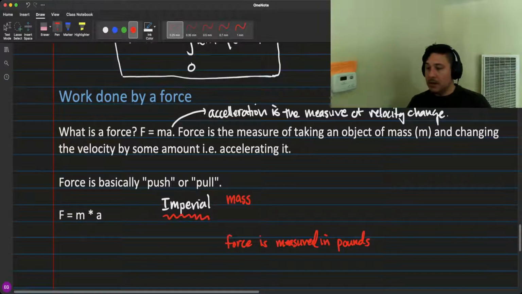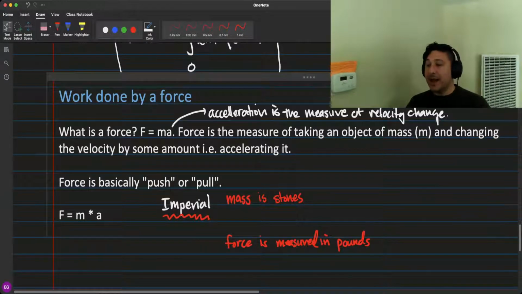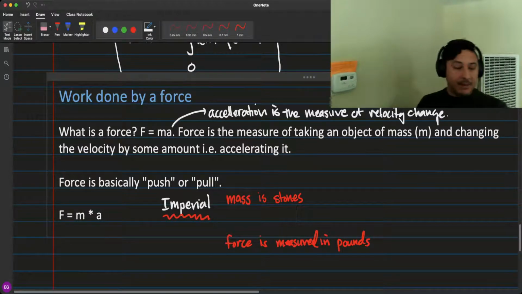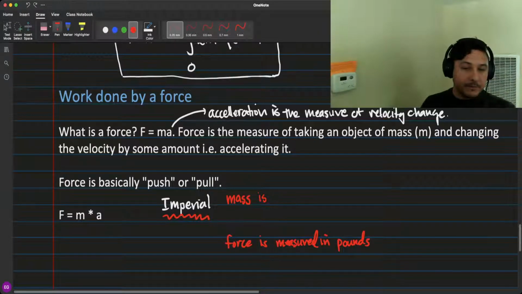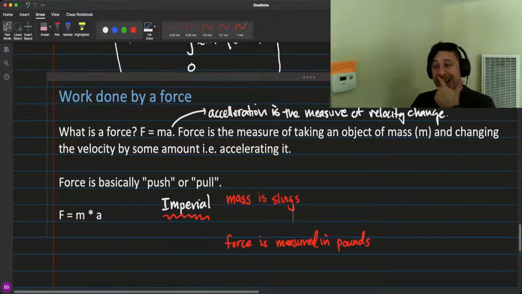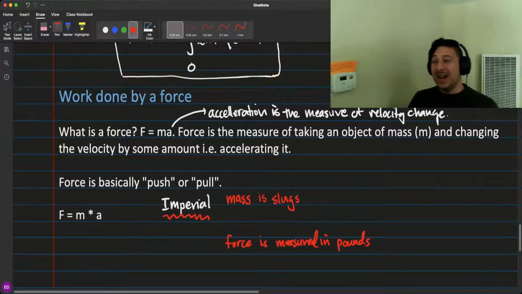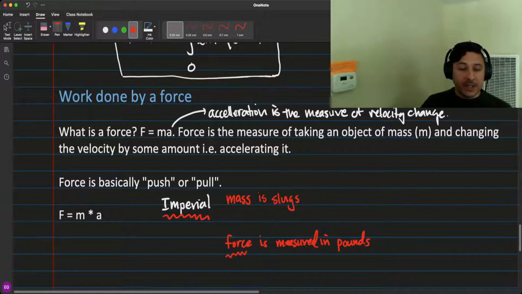Now that's energy. So, interestingly enough, mass is measured in something called stones, I believe. So when you say I weigh 160 pounds, you're not talking about how much mass you have. You're talking about slugs. Yeah, my bad, it's not stones, it's slugs. Technically, when you say that you weigh 160 pounds, you're saying that the force you exert on the earth is 160 pounds.